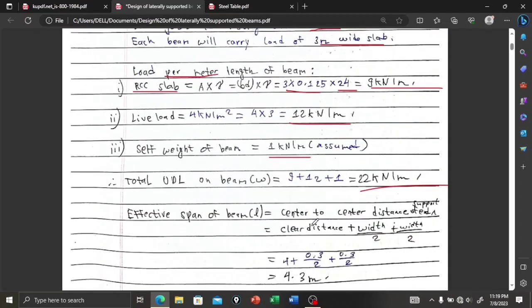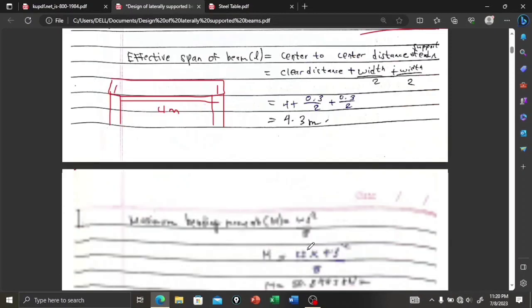Effective span of beam is, this is beam, then effective span of beam is this center to center distance is 4 meter, and half the width of this is 0.3 and half the width of this is 0.3, so it is 4.3 meter.